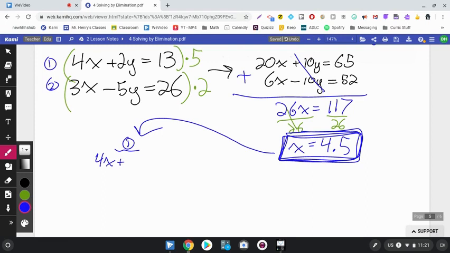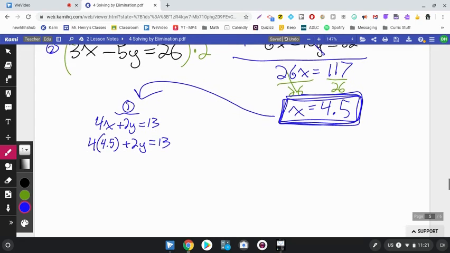So 4x plus 2y equals 13. I know x is 4.5, so I'm going to plug it in there and solve. A little bit harder than when I do it in substitution, but that's okay. 4.5 times 4 is 18, plus 2y equals 13.